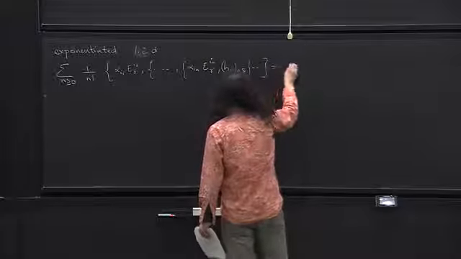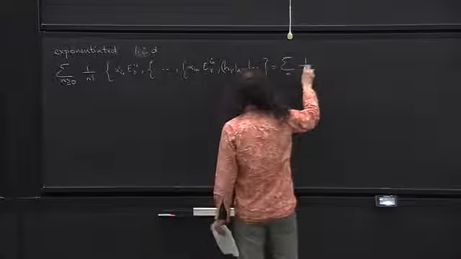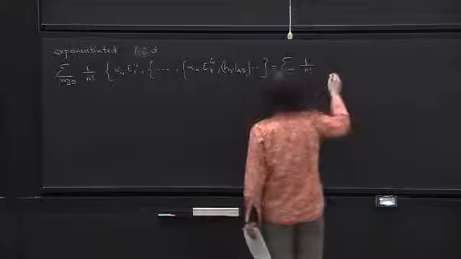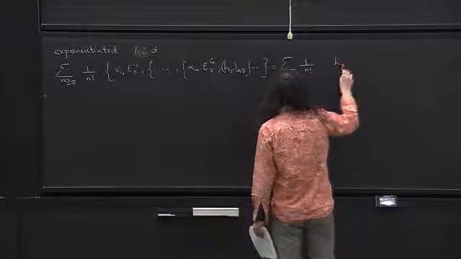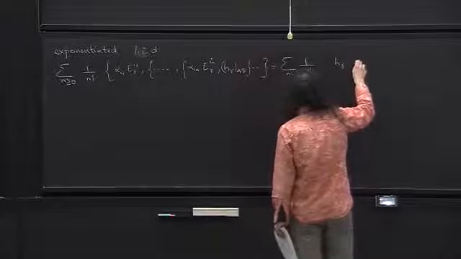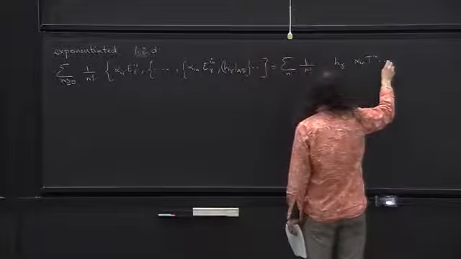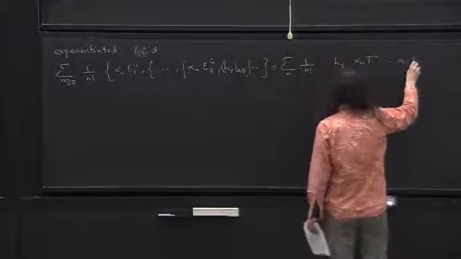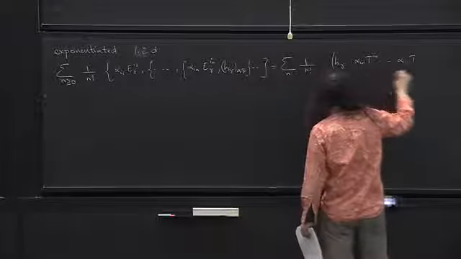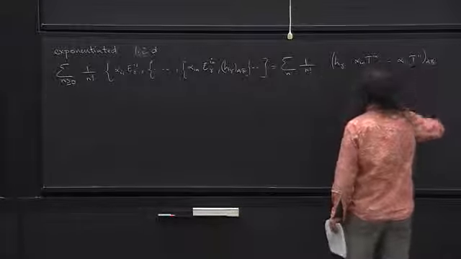That gives you sum over n, and then you have h gamma alpha I n t I n, alpha I1 t I1 AB, like that.